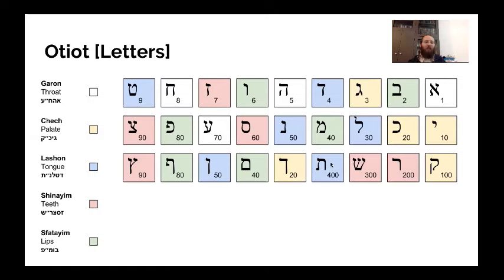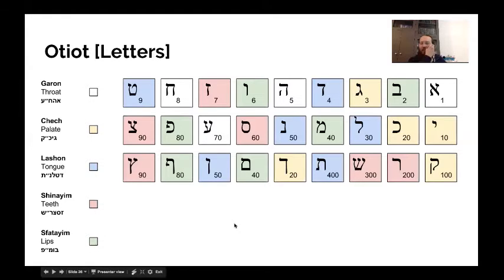Then the letters from the shinaim, the teeth: zayin, samech, tzadi, resh, and shin, and also the tzadi sofit. And then finally the letters from the sfataim, the lips, which are bet, vav, mem, and pei, and of course mem sofit and pei sofit.